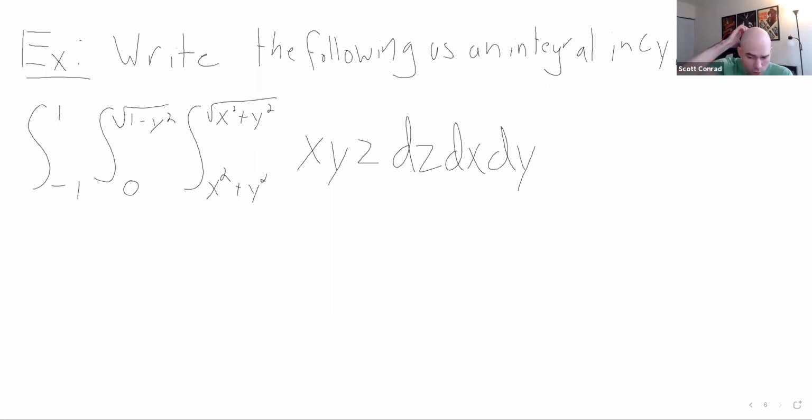Okay, so what we're going to want to do is sketch this and then find the bounds. But you can save yourself a lot of time by forgetting about z, essentially, because z is really easy. We're integrating with respect to z first.